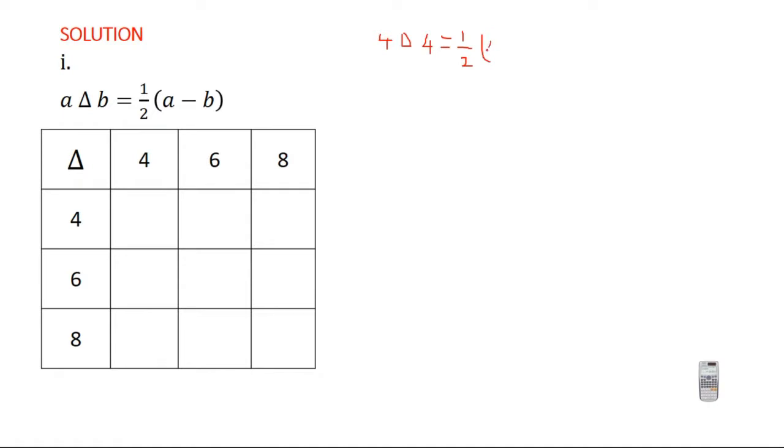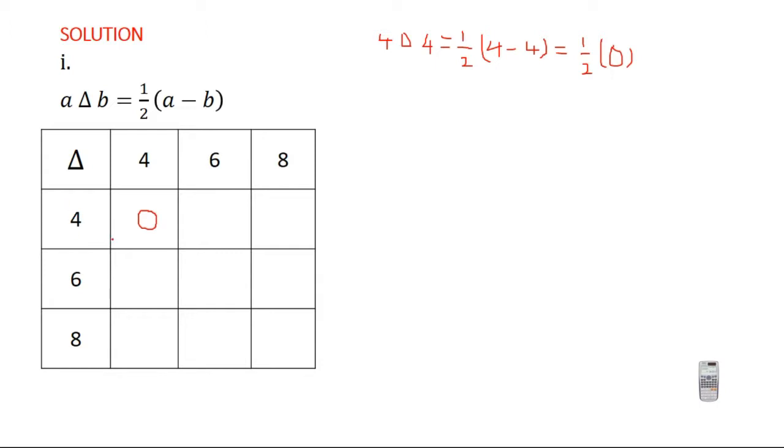So 4 minus 4. This is going to give us 1 over 2 into bracket 4 minus 4, which is 0. So 1 over 2 times 0 is 0. So we have 4 delta 4 to be 0.